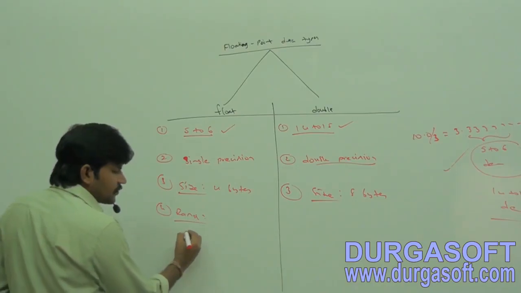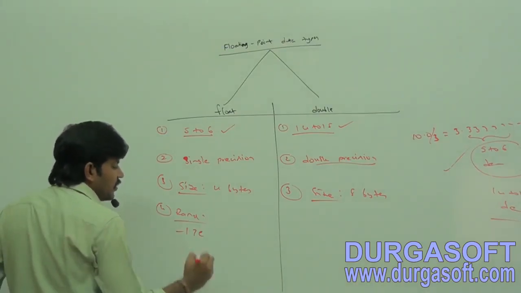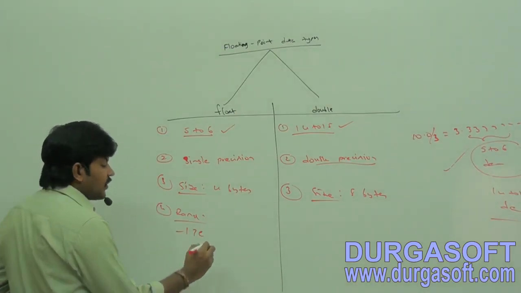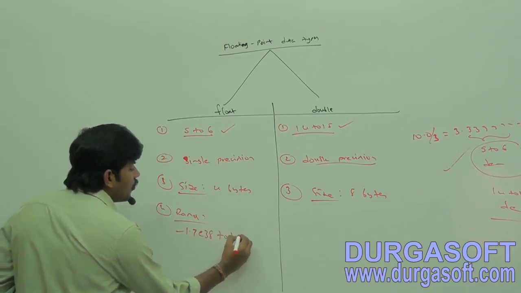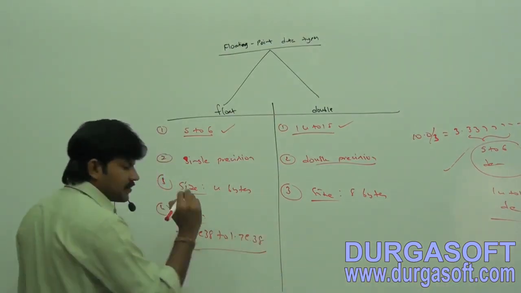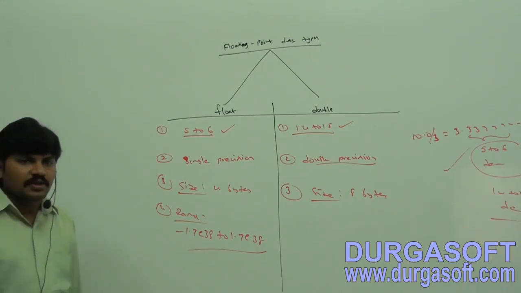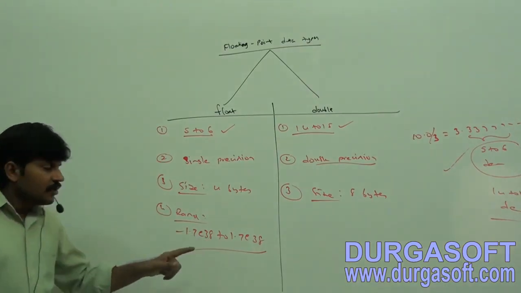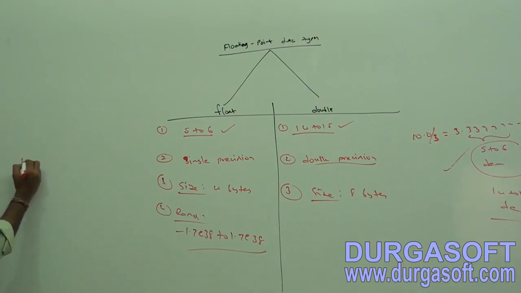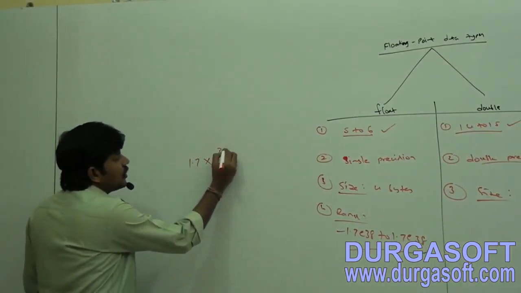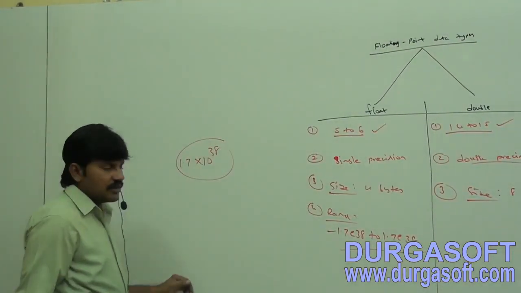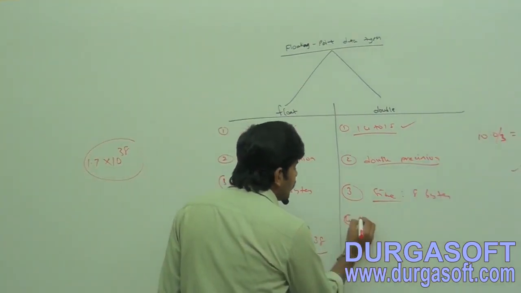Minus 1.7 E38 to 1.7 E38. Do you know 1.7 E38 means 1.7 into 10 power 38? But here, what is the range?